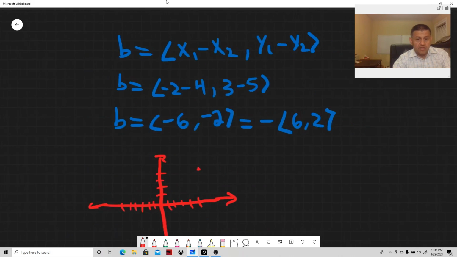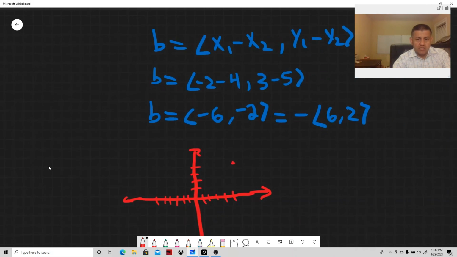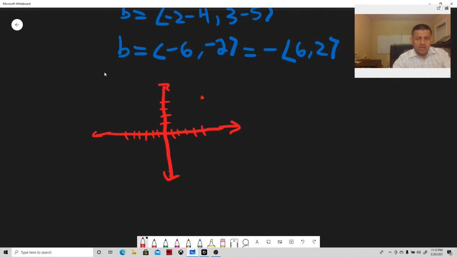See that? Okay. So we start at that point and we do 1, 2, negative 3. So 1, 2, up 3. Around there, right? So we connect those points. This is the starting point.